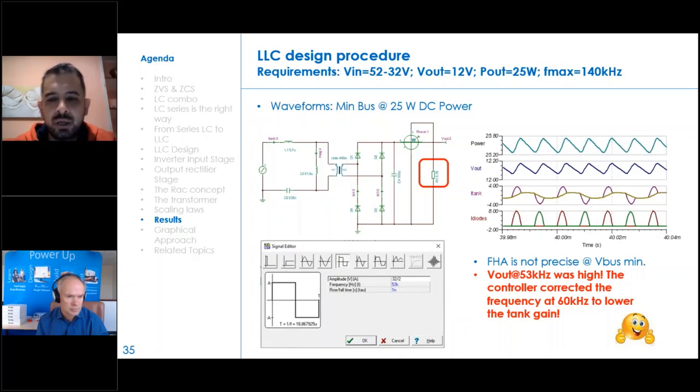So the controller corrected the frequency to something like 60 kilohertz, 7 kilohertz more, to lower the tank gain. If the output voltage is high, you need to decrease the gain. To decrease the gain, you need to increase the frequency.